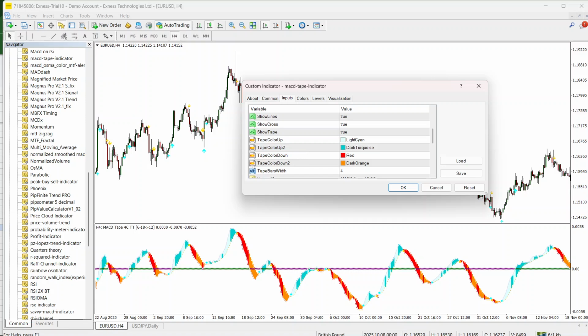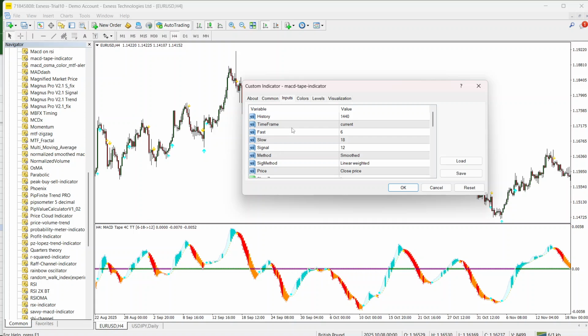We also have the color of the tape and the time frame to be used. You can adjust these parameters to suit your trading style.